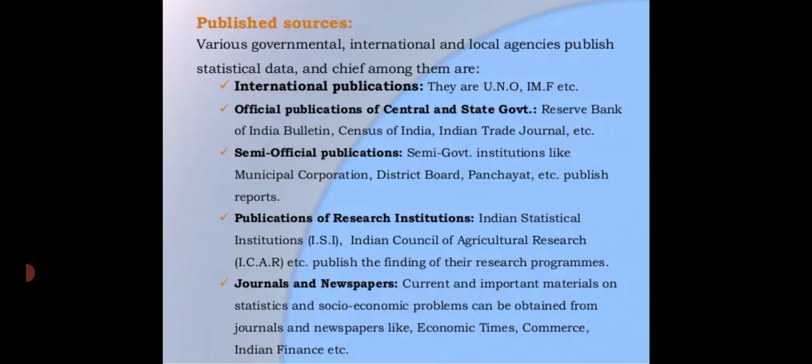Then publications of research institutions. Various universities and research institutions publish information as findings of their research activities in India. For example, the Indian Statistical Institute and the National Council of Applied Economic Research publish a variety of statistical data as a regular feature.